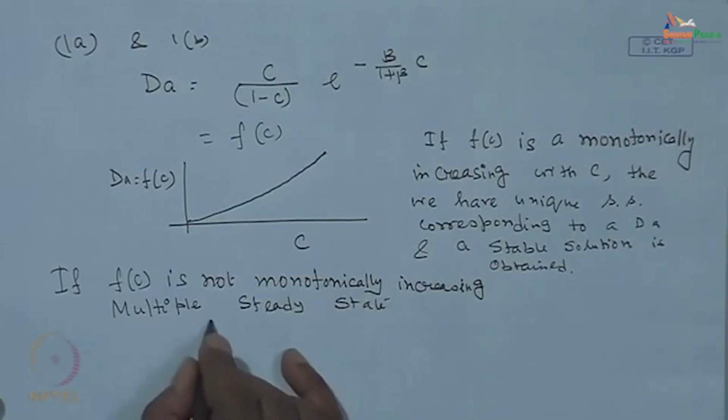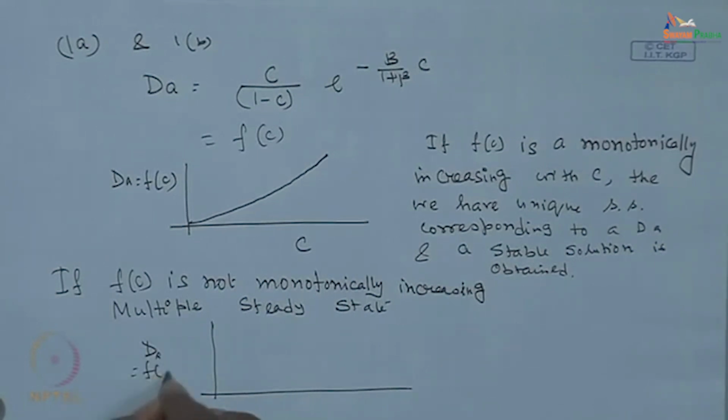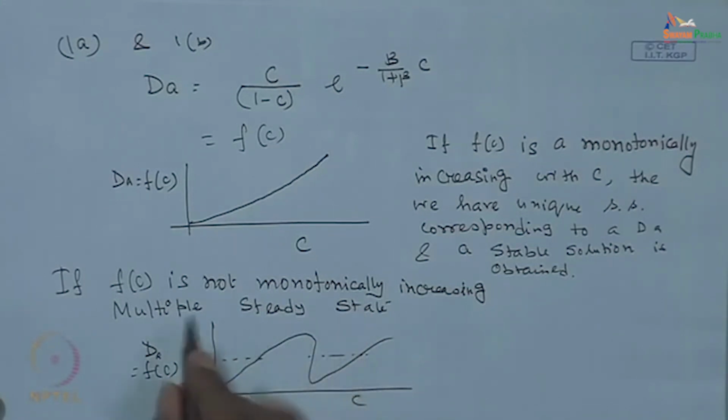That means, if we plot DA, which is the same as f(C), versus concentration, and the plot looks something like this, it is not a monotonically increasing function; it is decreasing and then again increasing. Then for a particular DA, somewhere in the intermediate range, there will be a solution here, a solution there, and a solution there. So, 3 solutions may coexist.